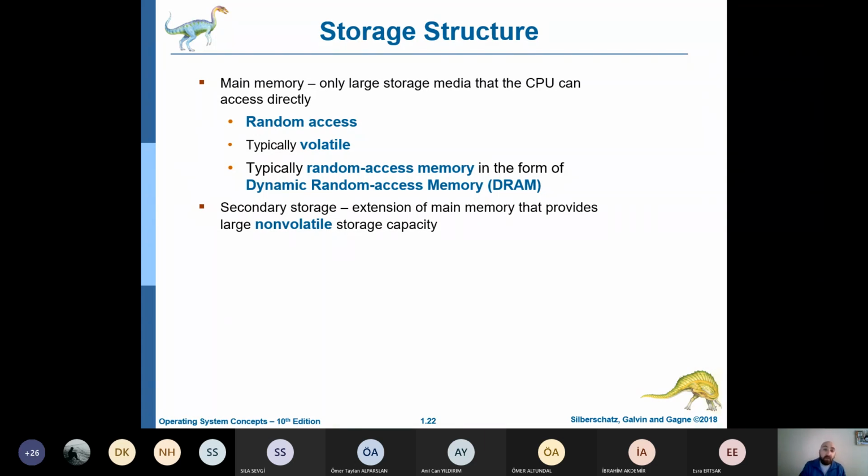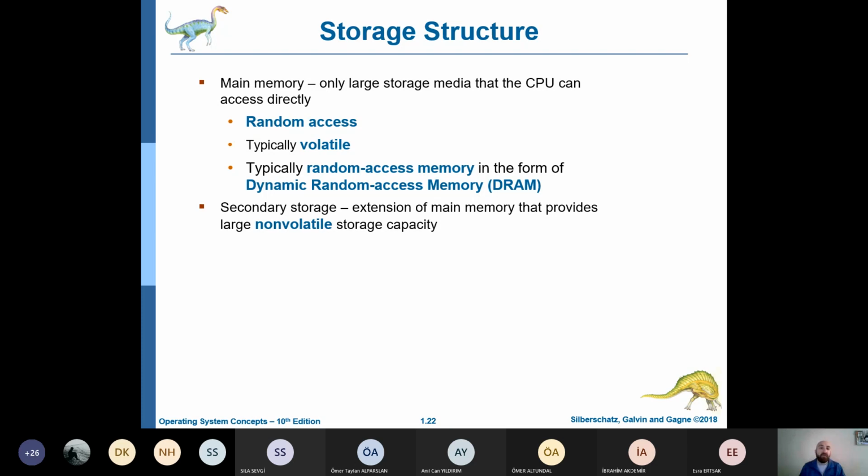We have more main memory in terms of size, but still the main memory capacity is not enough to store all needed programs and all data permanently on our devices. And the second one: main memory, as we mentioned, is volatile. That means it loses its contents when power is turned off or otherwise lost.